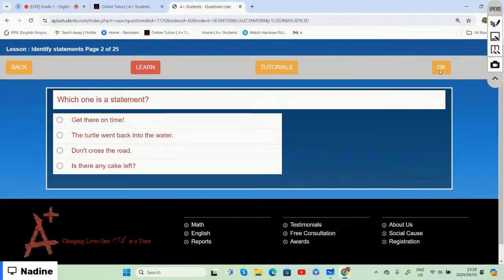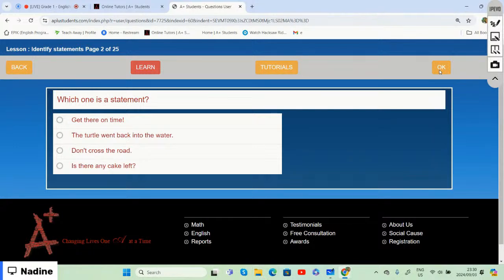We need to say which type of sentence this is.